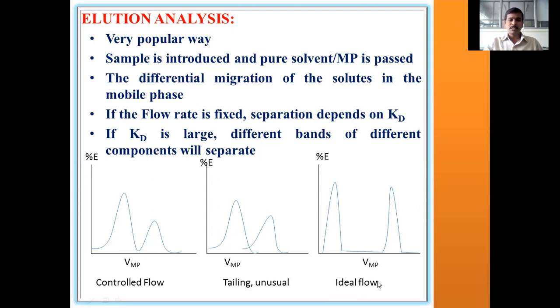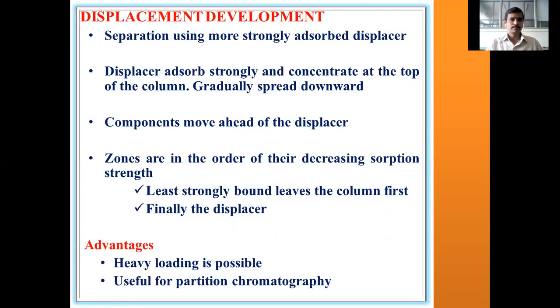If any non-ideal elution is seen, it is better to adjust the experimental parameters so that the chromatographic conditions are optimized. So it is very important to follow a relevant chromatographic procedure which will yield more accurate and resolved separation for a group of solutes. It is all dependent upon the flow rate and the partition coefficient of the solute.